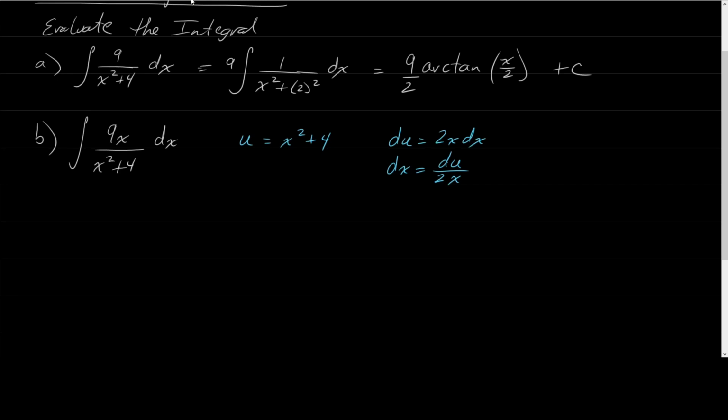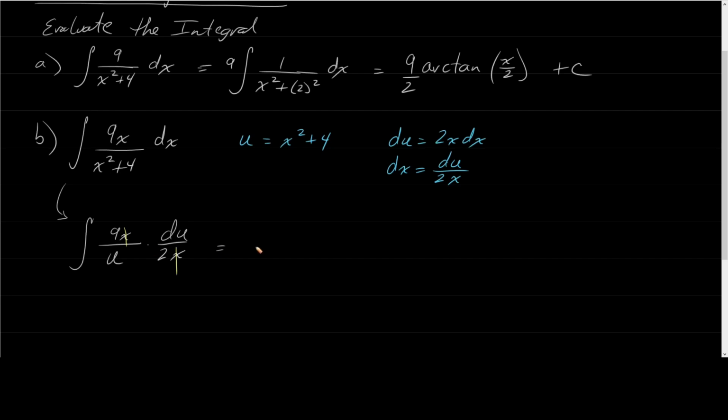At that point, this integral now becomes the integral of, well, 9x. We didn't use that x in making our substitution. However, the denominator, x squared plus 4, that is our substitution. And then dx was du over 2x. At that point, you see that the x's reduced.